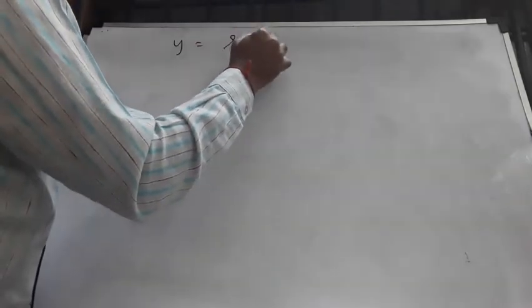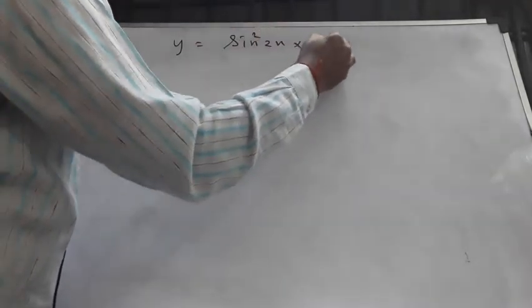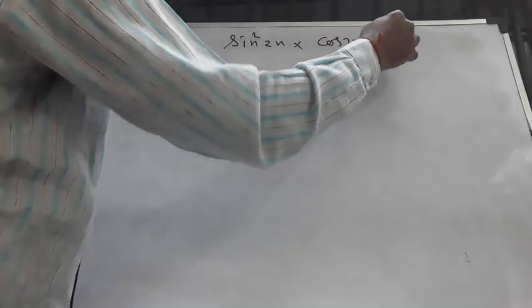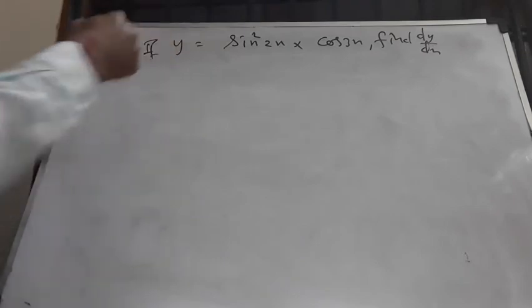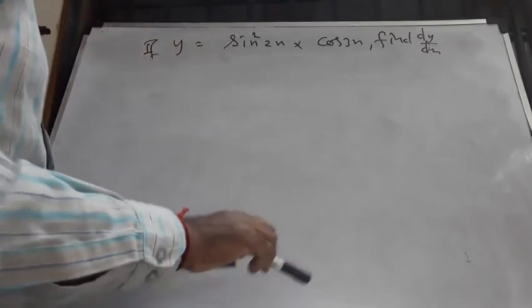Now let me think about product rule. Sine square 2x into cos 3x, find dy by dx when this is given to you.